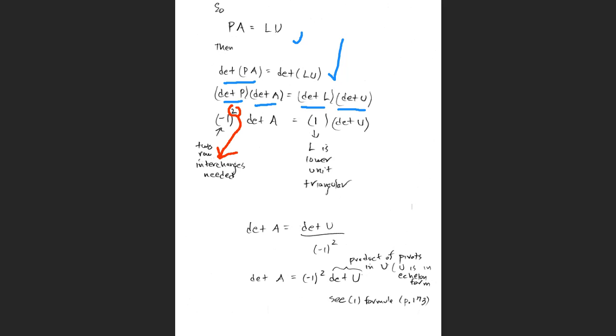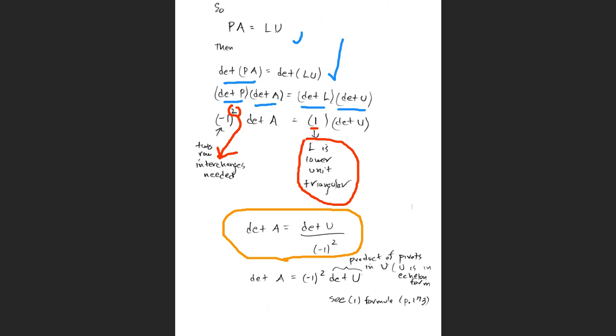So now the determinant of L is lower unit triangular. So the determinant of L would just be the product of the diagonal entries, which are all 1s. So you get 1. So this means then that the determinant of A is equal to the determinant of U over negative 1 squared.